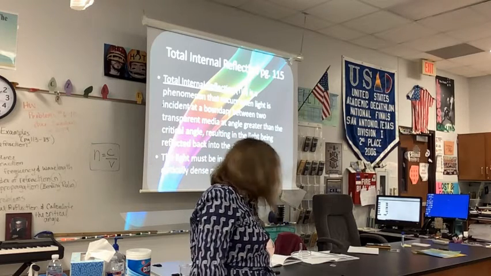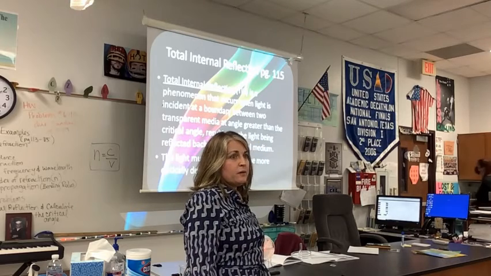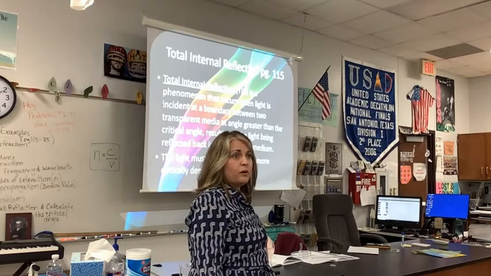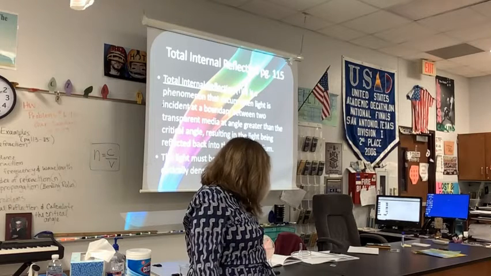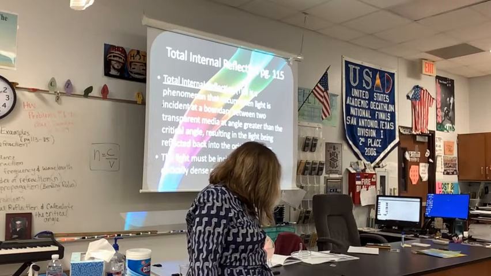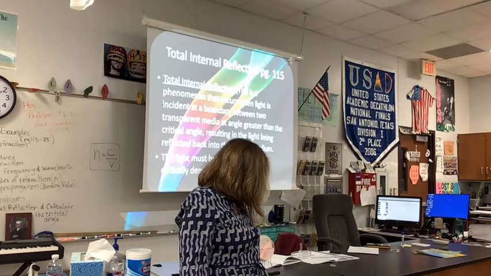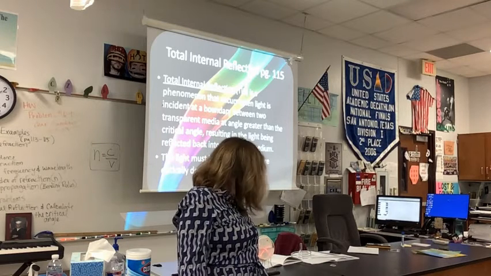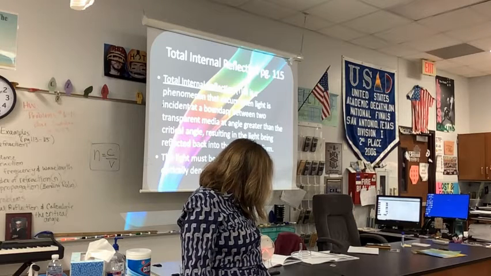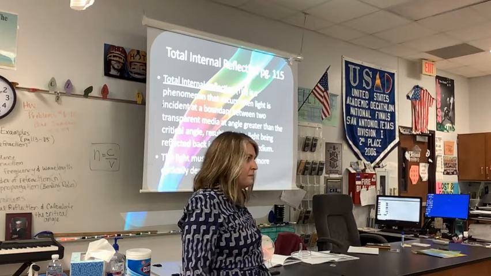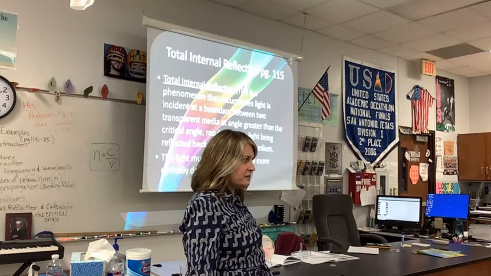The light needs to be incident in the more optically dense medium, or where the light is traveling slower. So what happens is that light ray refracts closer and closer to the boundary. Right about almost right there, I'm getting an angle of refraction of about 90 degrees.